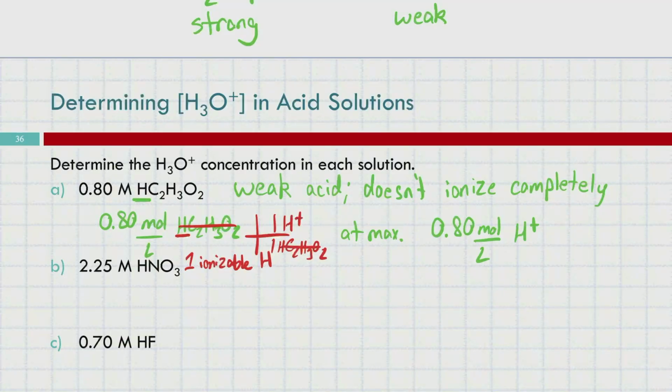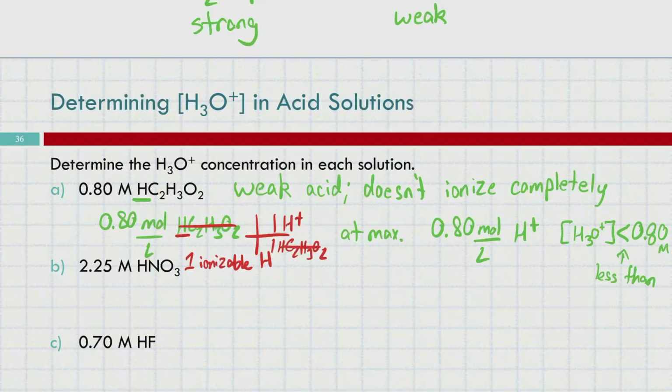We're not going to hit that maximum value because it's a weak acid. It's only going to partially ionize. So our concentration of H3O plus is going to be less than that amount. Do we have questions about that?